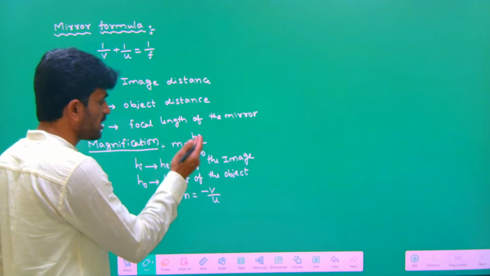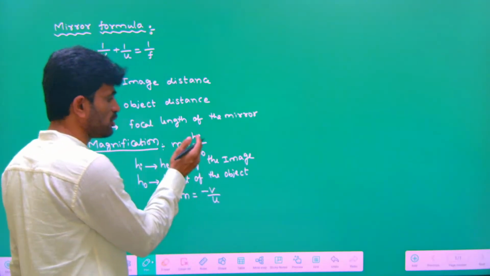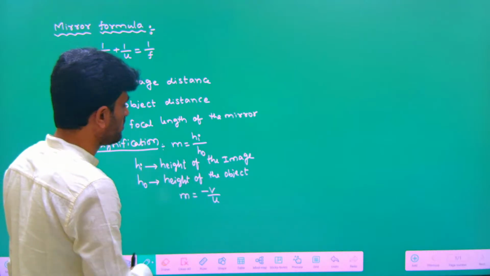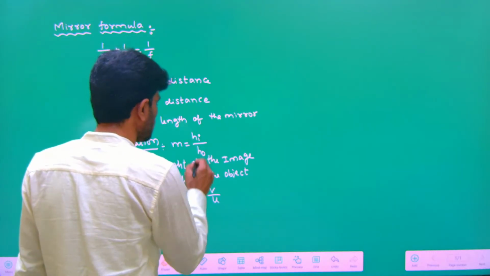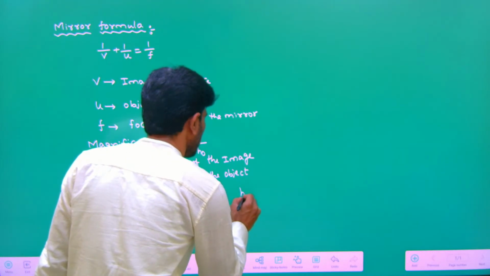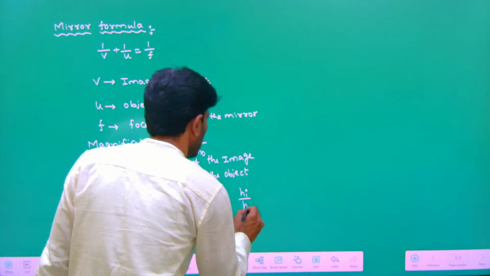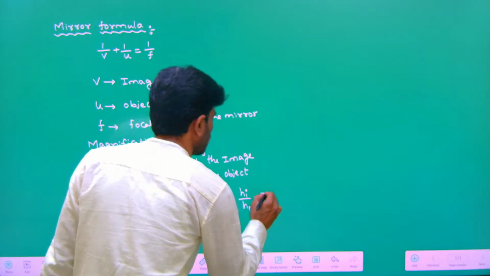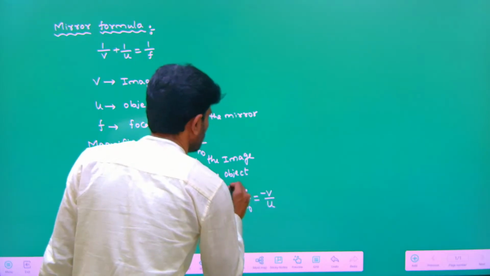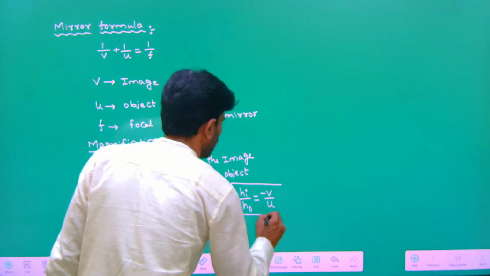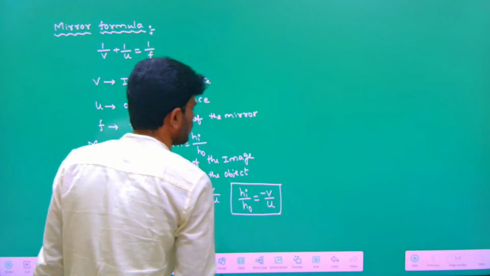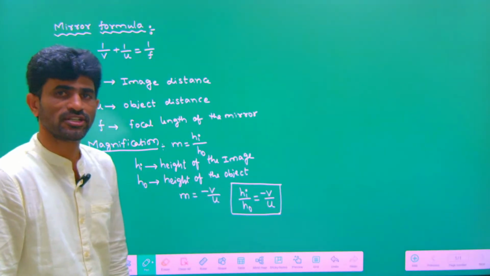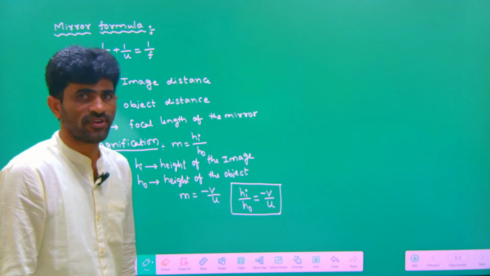And from these two, we can derive one more relationship between height of the object, height of the image, image distance and object distance: hi by ho is equal to minus v by u. So these are the important formulas you need to remember related to mirrors, that is reflection.